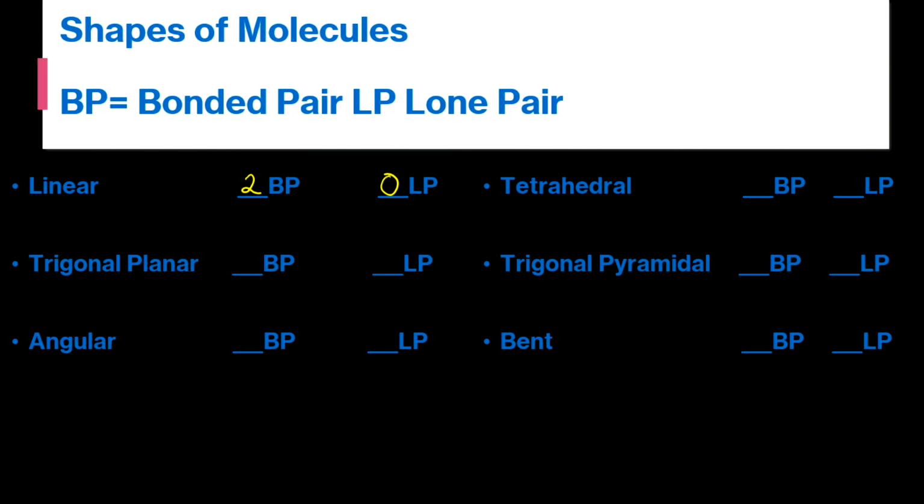Trigonal planar will have 3 bonding and 0 lone pairs. Angular is going to have 2 bonding and 1 lone pair. Tetrahedral will have 4 bonding and 0 lone pairs. Trigonal pyramidal will be 3 and 1. And bent will be 2 bonding and 2 lone pairs.